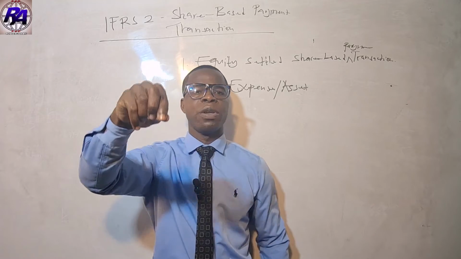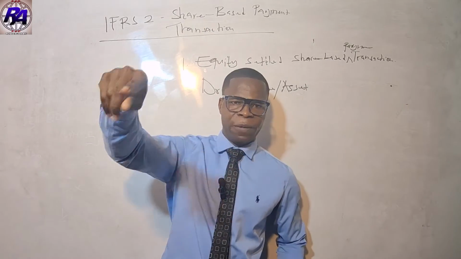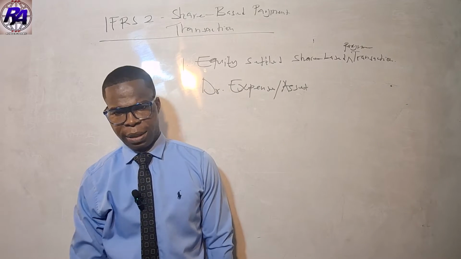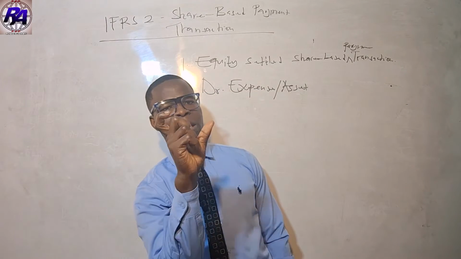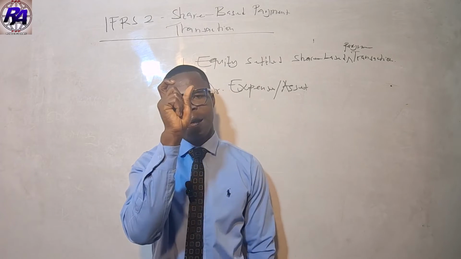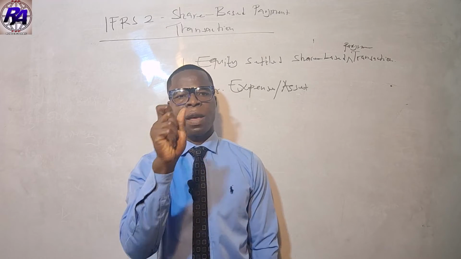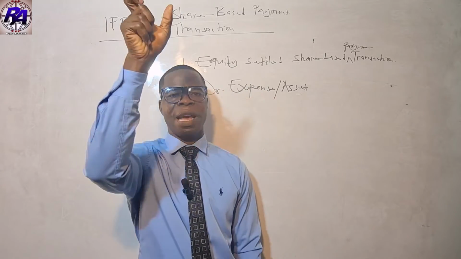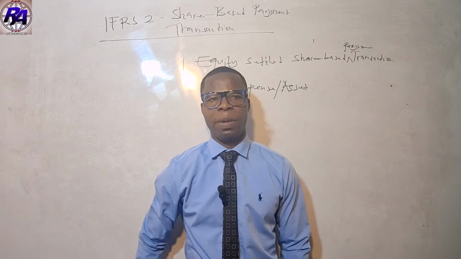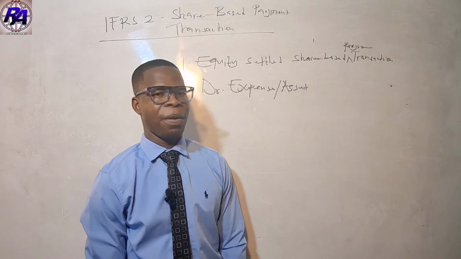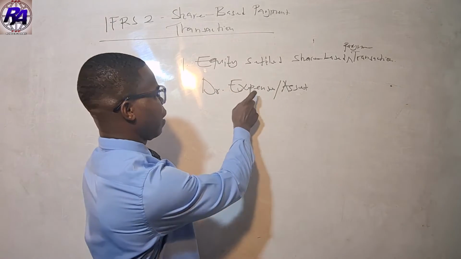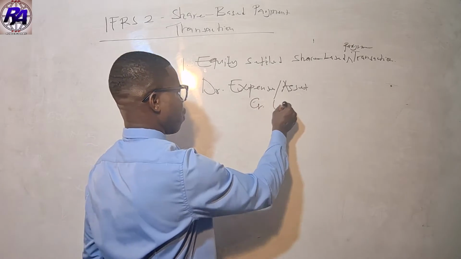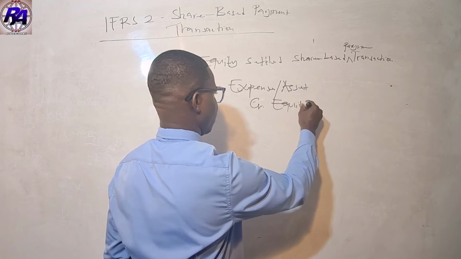A typical example is an expenditure at the research phase of an internally generated intangible asset. Under IAS 38, the expenses at the research phase are incurred before the actual project is completed. When that happens, we are going to debit expenses, and automatically we are going to credit equity.